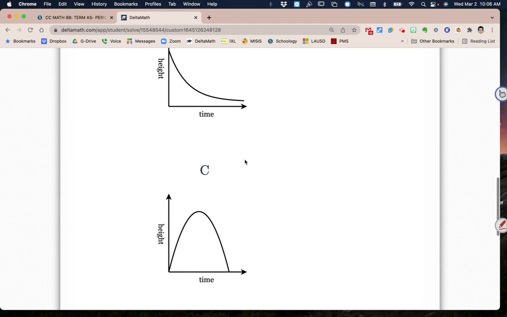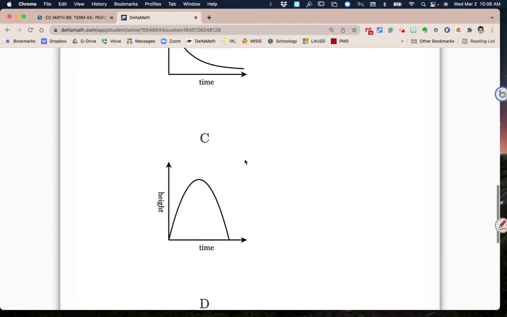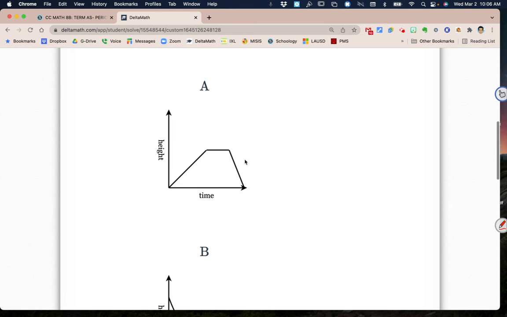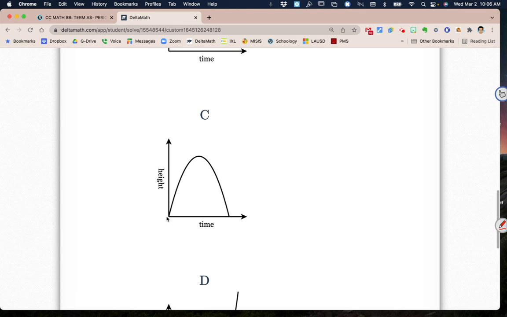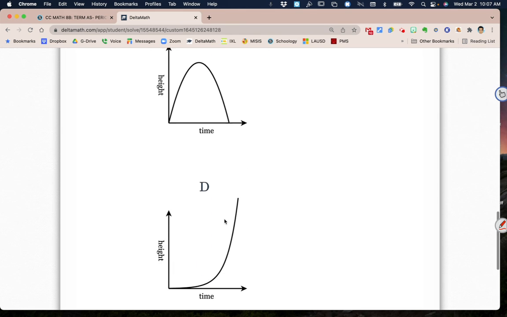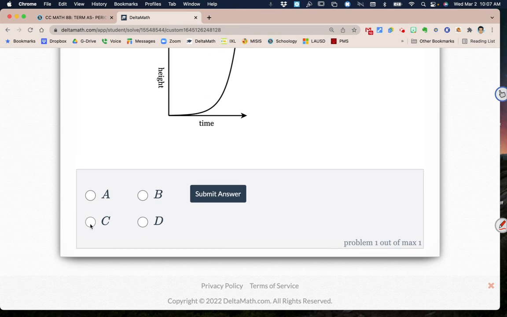Which of these best? C or A? I think C. The graph of the motion would describe even how it looks physically. So yeah, I would go with C. It's not really linear, it's more curved.